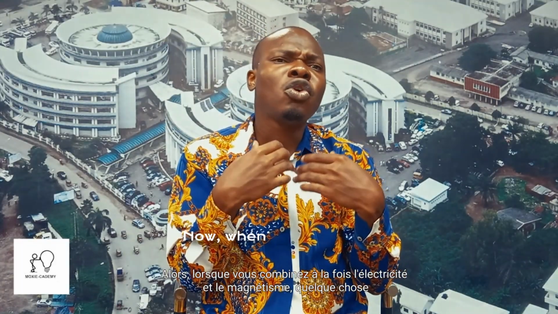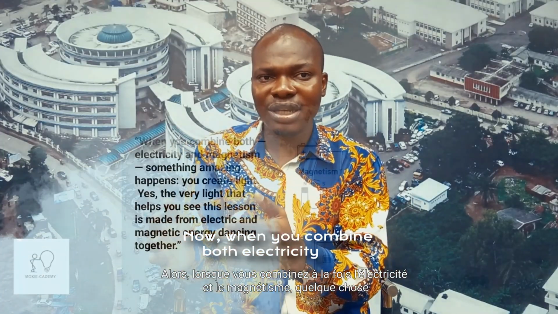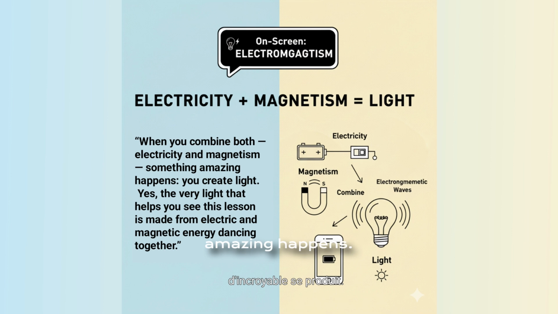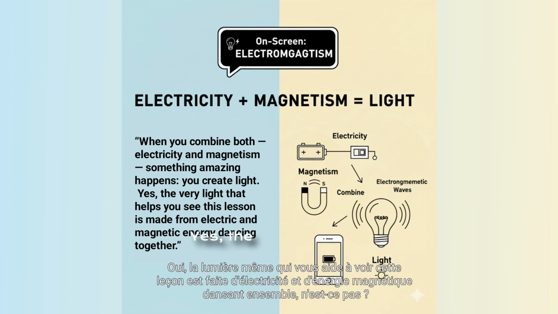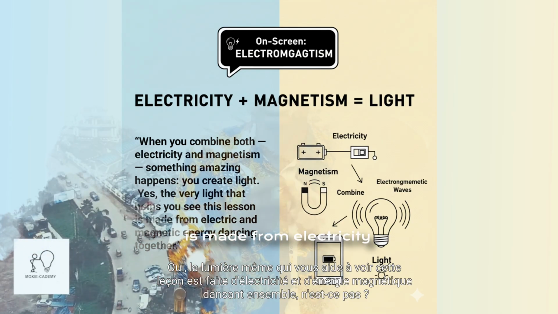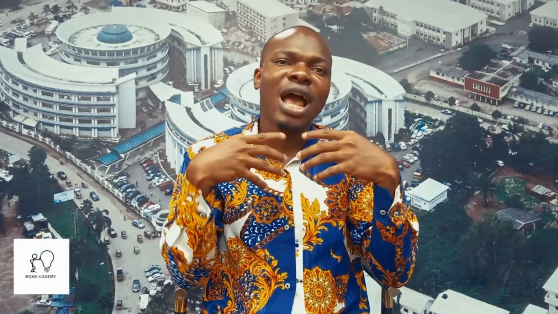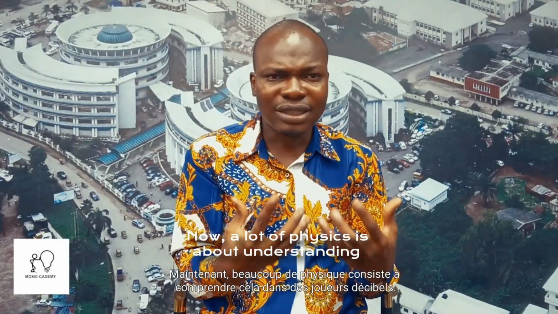Now, when you combine both electricity and magnetism, something amazing happens. You create light. Yes, the very light that helps you see this lesson is made from electricity and magnetic energy dancing together.